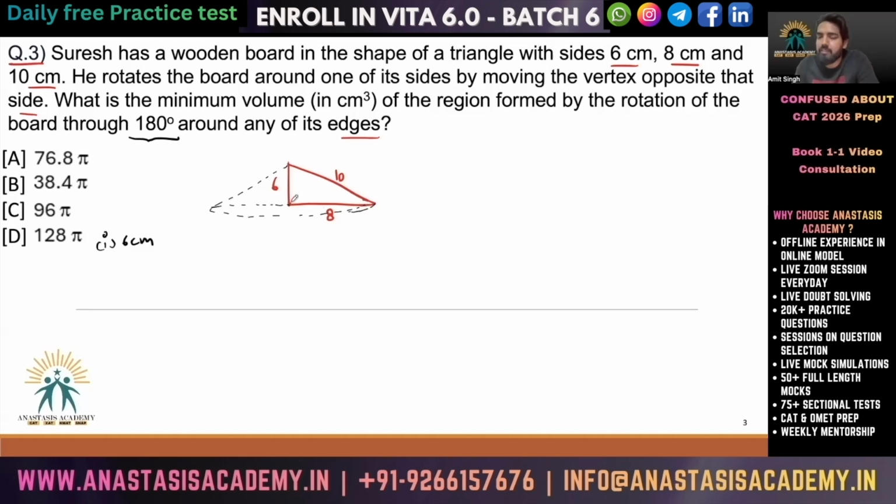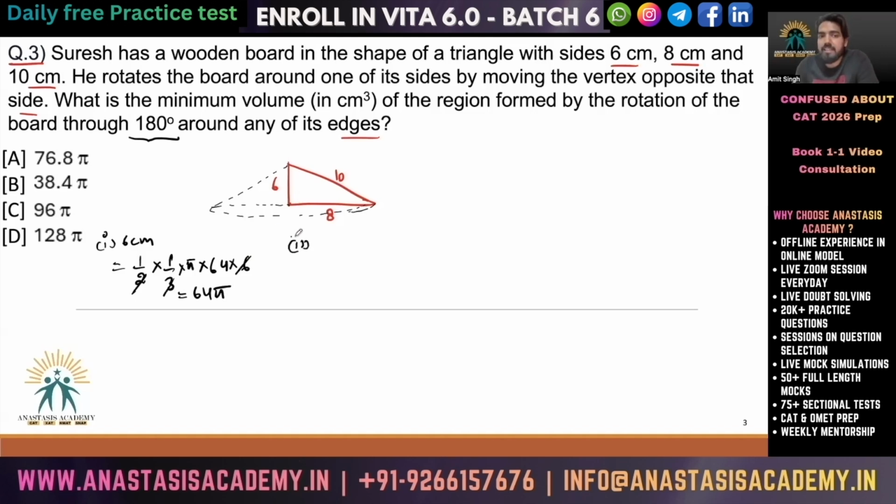What would be the volume of this cone? It would be half the volume of this cone. And what would that be? The volume of that cone would be 1 by 3 pi r square h. What would be the radius? Radius would be 8 centimeters, and this height would be 6, correct? Now this gets cancelled, so I'm getting 64 pi as the volume, right?